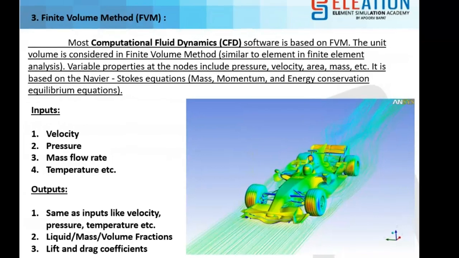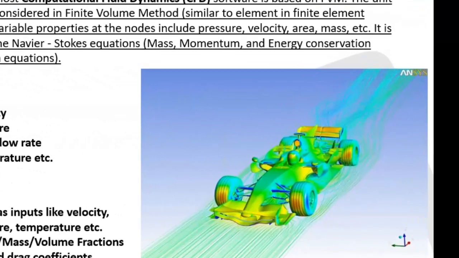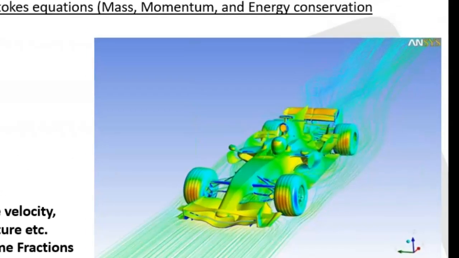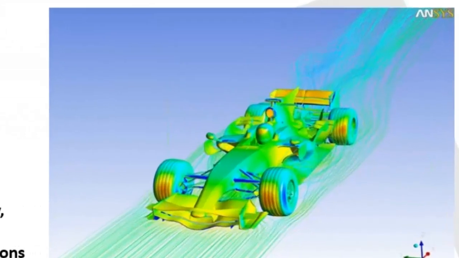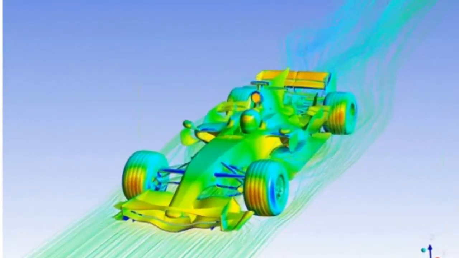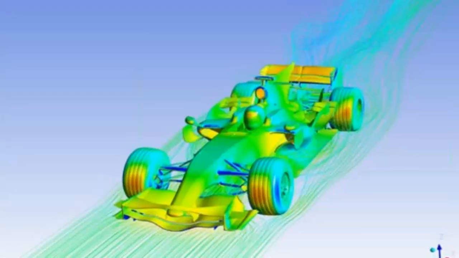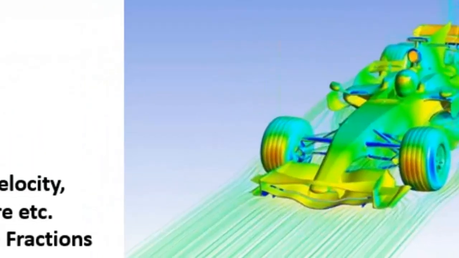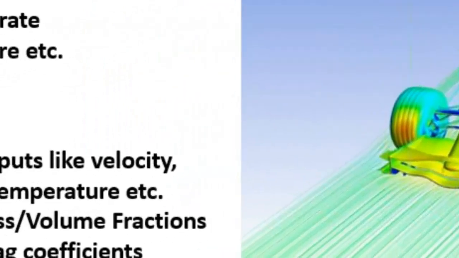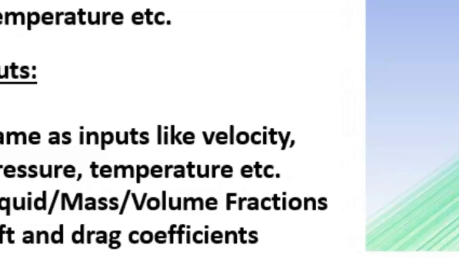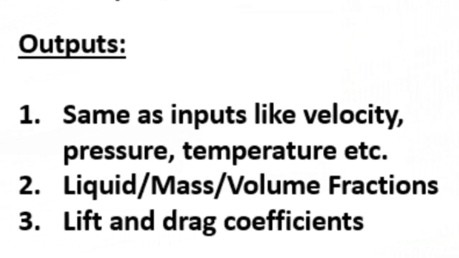So basically finite volume method is used to find out the behavior of volumes on another volume. Say for example, if you want to find out the lift and drag coefficient of any component, then you consider that as a volume, and then you consider air as a volume, and then you find out how much air is required to produce the lift or how much air is required to produce the drag on that component.